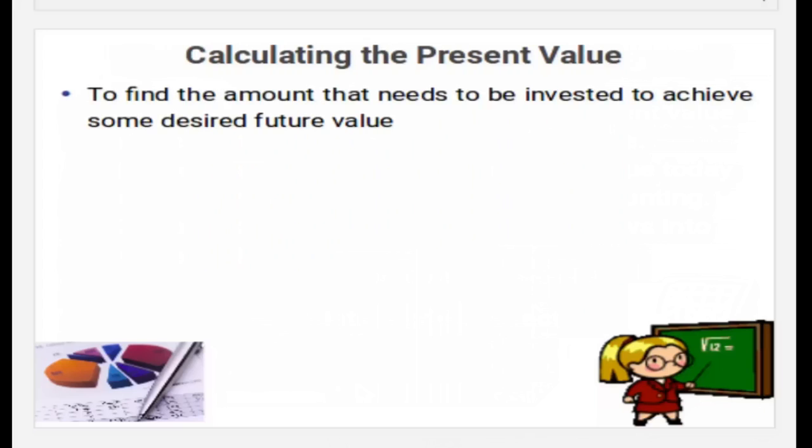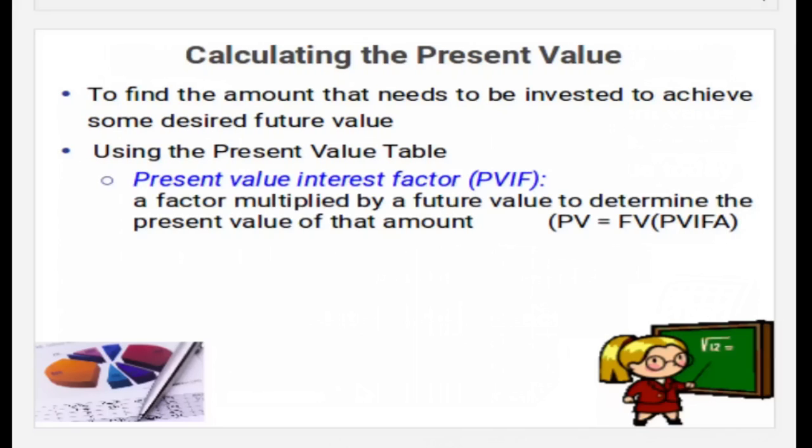So far, we have seen how to calculate the future value of an investment, but we can turn this around to find the amount that needs to be invested to achieve some desired future value. Using the present value table, the present value interest factor, that is PVIF, is a factor multiplied by the future value to determine the present value of that amount.